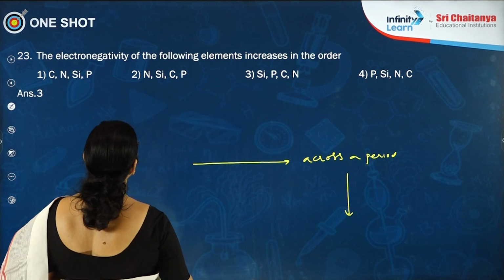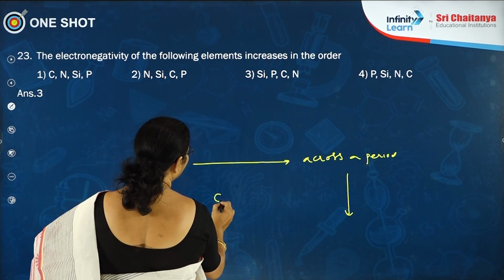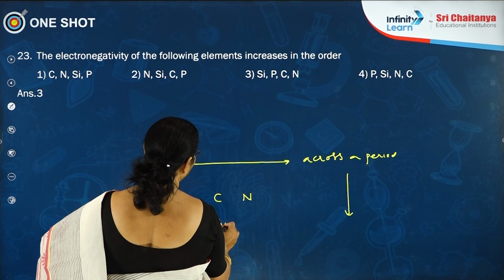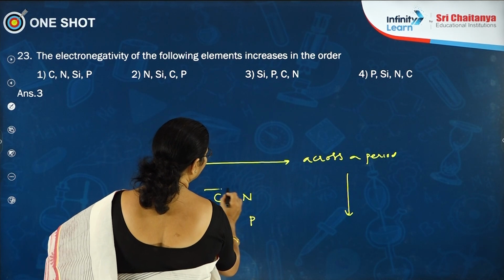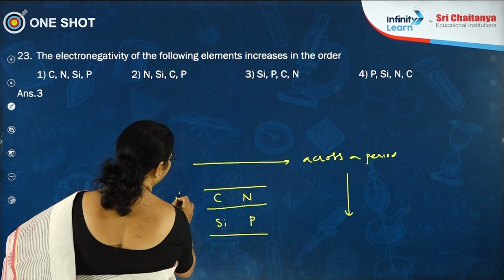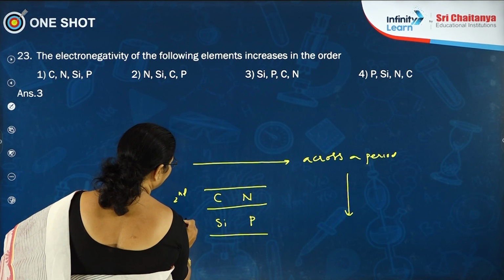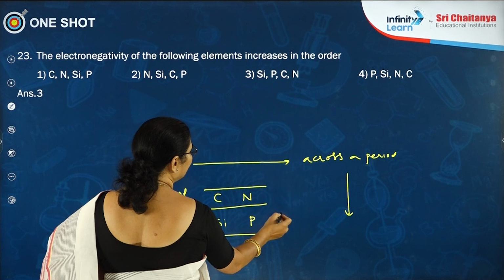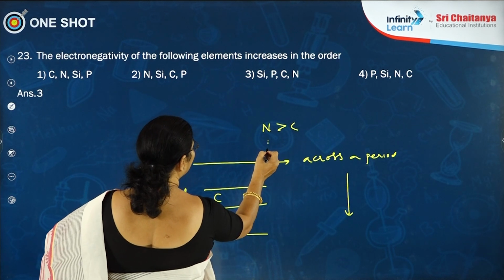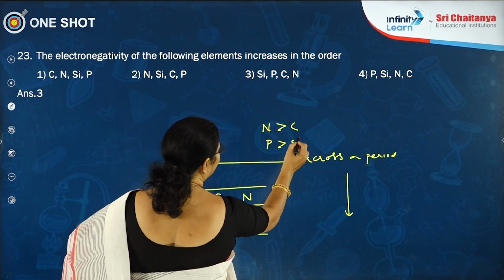So first sort out the elements: carbon, nitrogen, silicon, phosphorus. These two belong to the second period, these two belong to the third period. Out of these two, nitrogen is greater than carbon. Out of these two, phosphorus is greater than silicon.